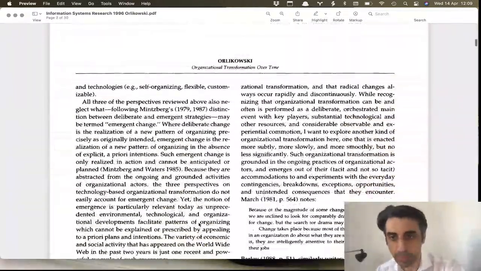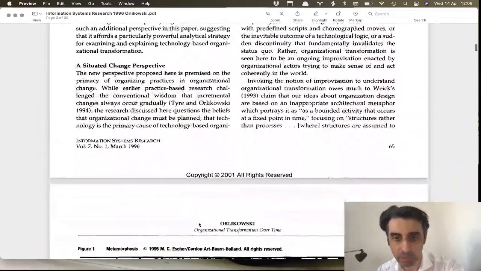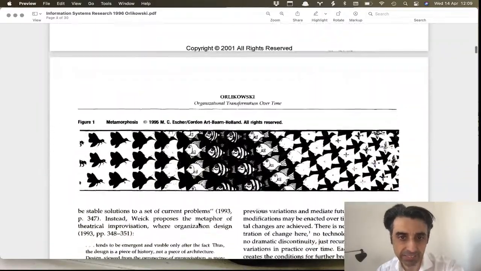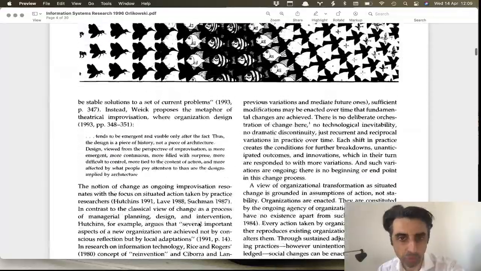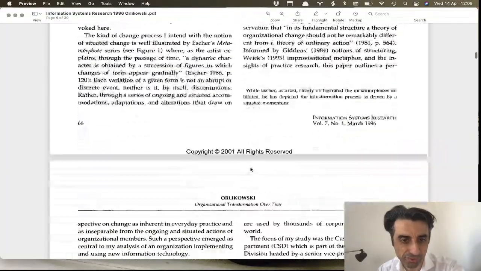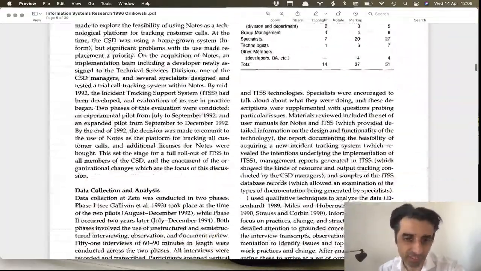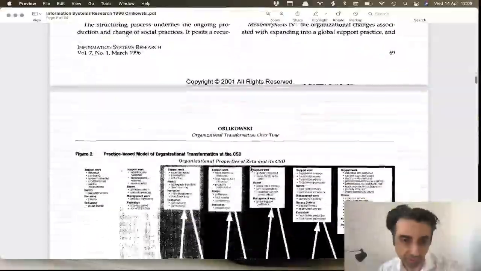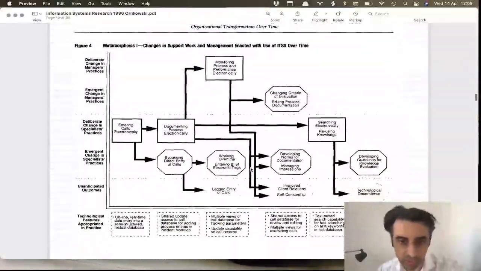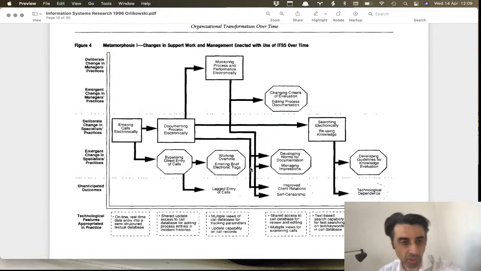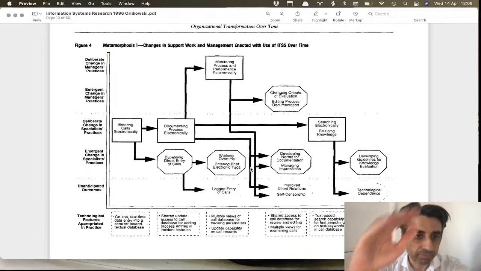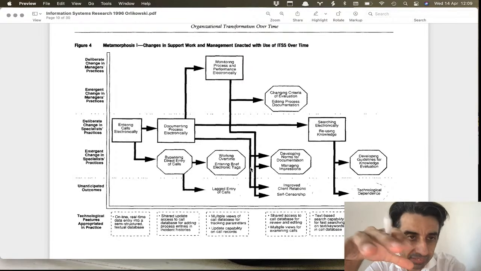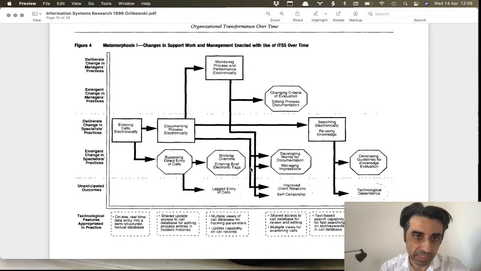Now, this is a mammoth of a paper. Complex, dense, theory-driven, with beautiful Escher pictures. And Wanda is just a great scholar and great writer as well. So what Wanda is doing is she's depicting a set of metamorphoses in a company from the use of information technology.